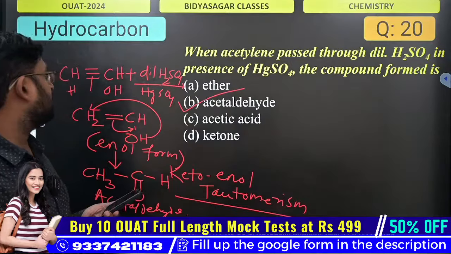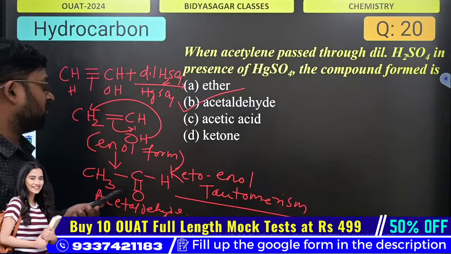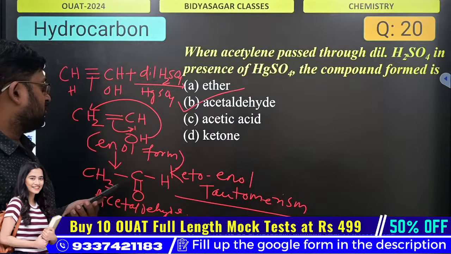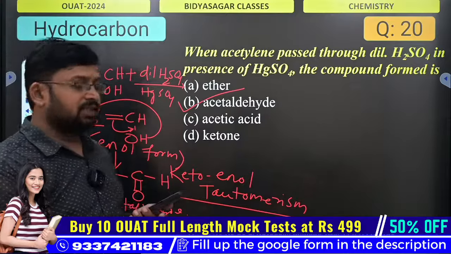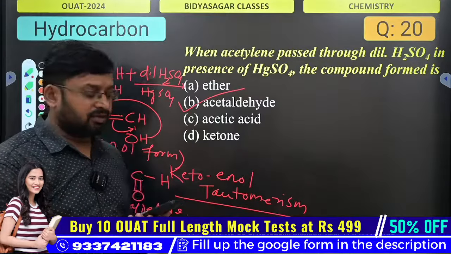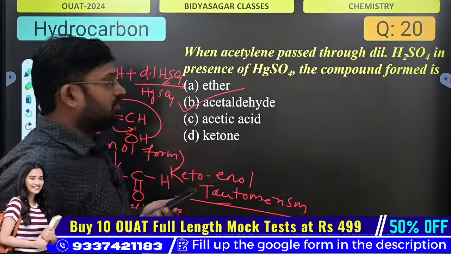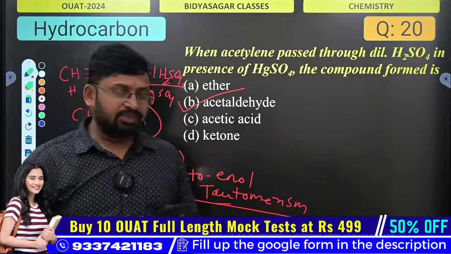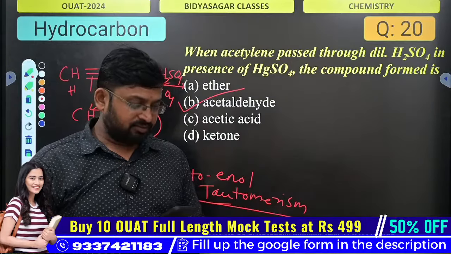So in the presence of H2SO4 and HgSO4, only one molecule of water is added to the acetylene and it gives the corresponding enol compound, which is unstable and converted to the keto compound. That is your keto-enol tautomerism. You know about that. So all are getting? Okay. So this is the last question.